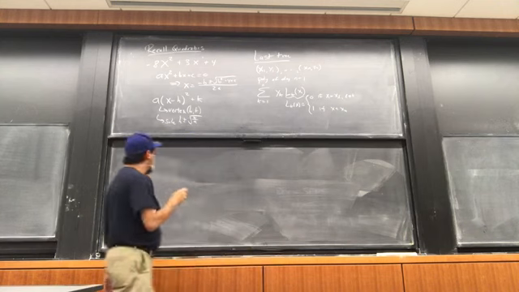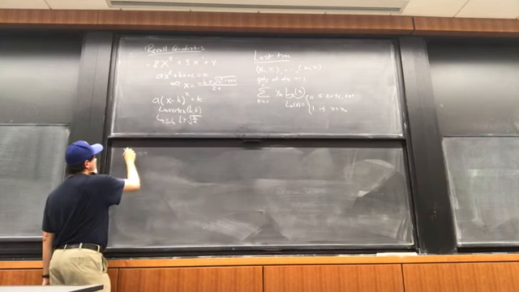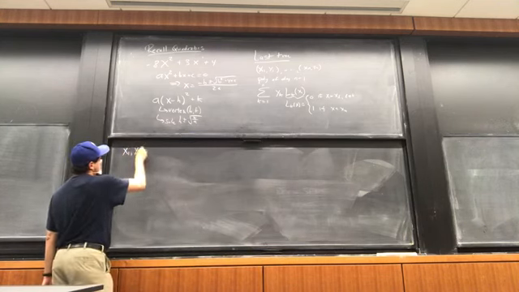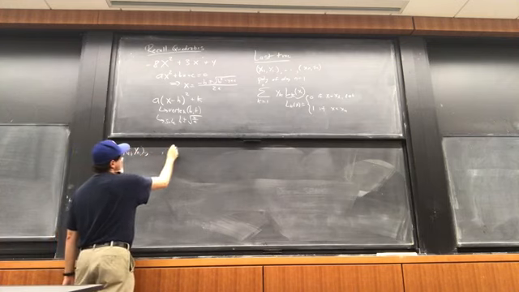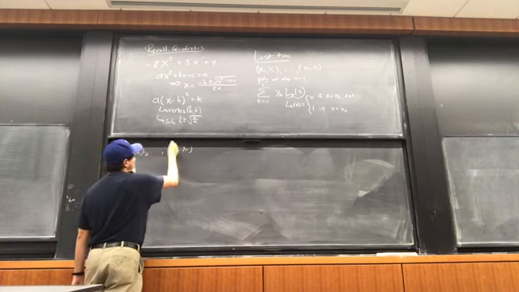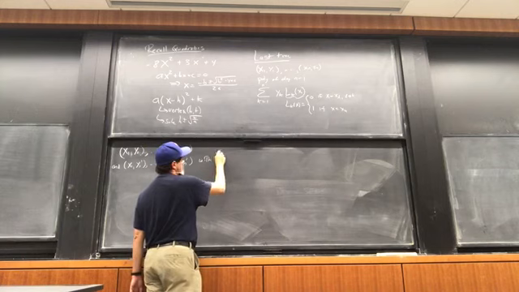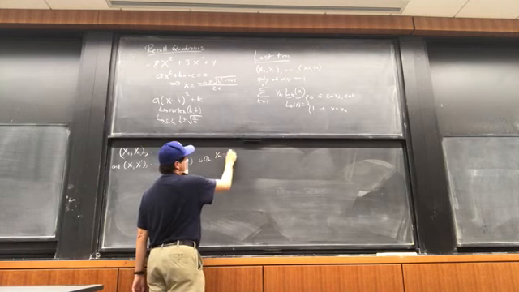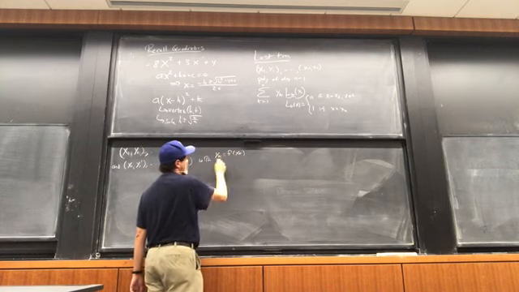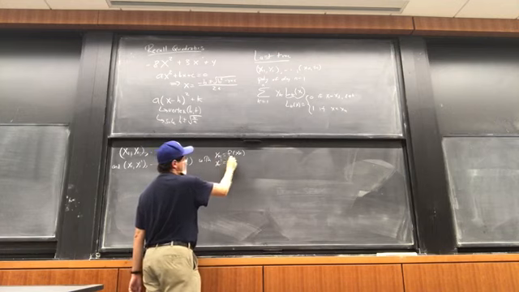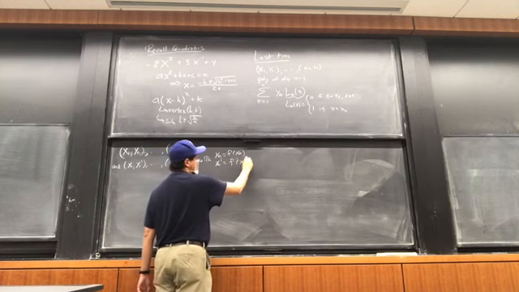Derivative. So maybe we have (x1, y1) through (xn, yn), and (x1, y1 prime) through (xn, yn prime), with yk equal to f of xk, and yk prime equal to f prime of xk.